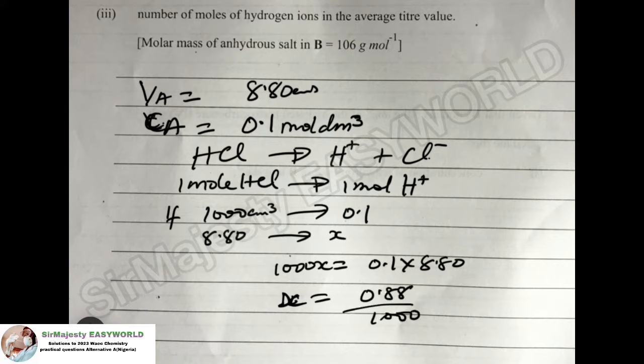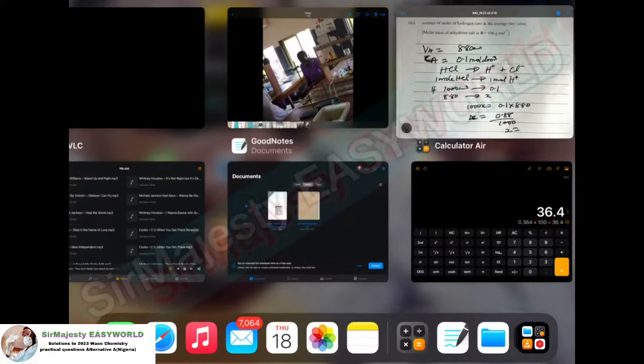So if you do this, what do we have? You move the decimal point backwards again. That is going to be a very small value. x will give us the number of moles. Yes, we are correct. If it were molecules, we would now think of multiplying by Avogadro's number, but since it is moles, we are just going with this formula.